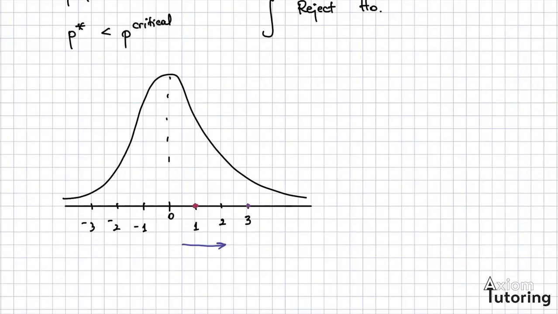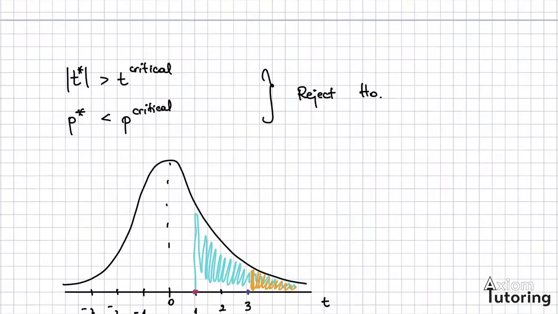For a t equal to 1, your p-value, so everything more extreme, is this entire area right here. However, for something that is beyond 3, the p-value would instead be this area in orange. So look, as we are increasing our t value, we are decreasing our p-value, which makes sense that the signs are inverted for the two decision-making rules.